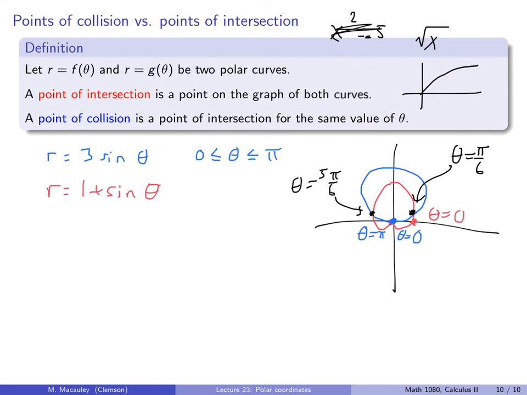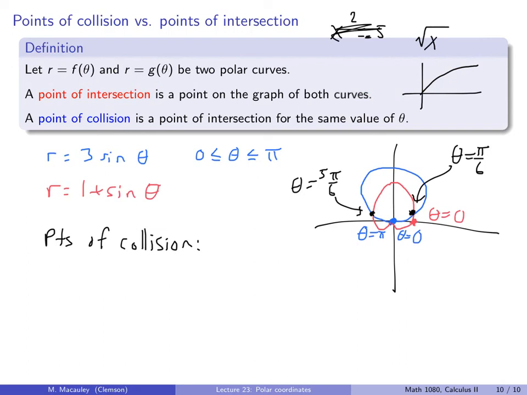So both of these are points of collision. Just because these points are on both graphs, they are by definition points of intersection. But they are also points of collision because they happen for the same value of theta.